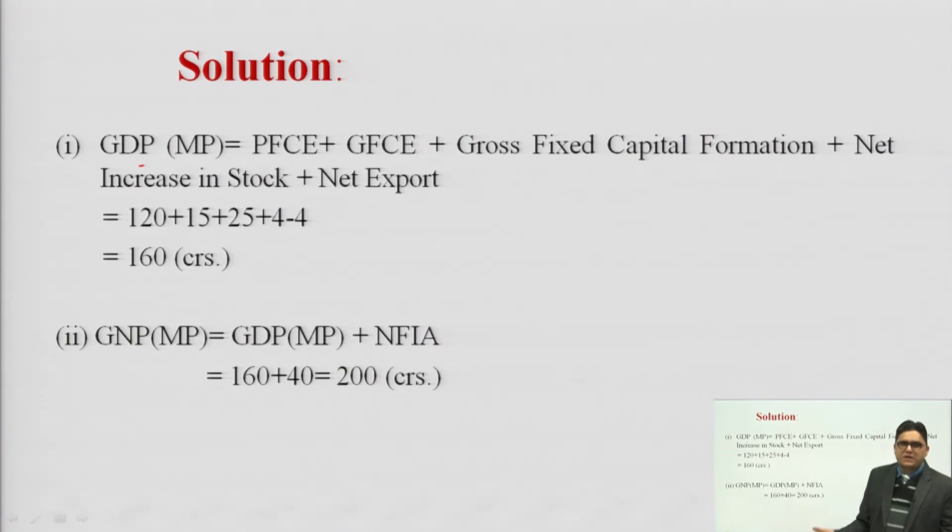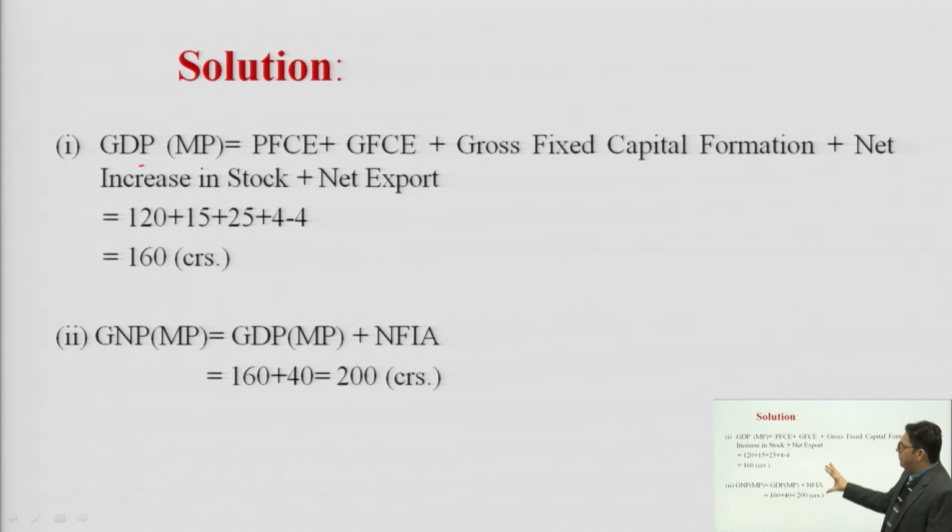And simply, if we have to convert the value from domestic to national, we need to add income earned from abroad, and the income that we have earned from abroad is 40. So, what will happen? It is 160 crore plus 40 crore, it will come to 200 crores.